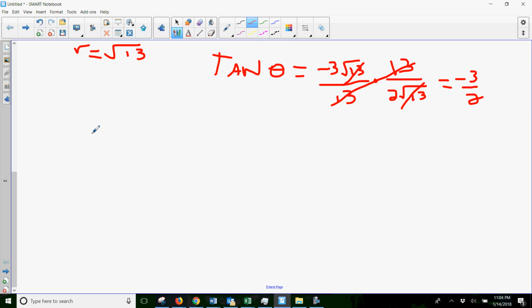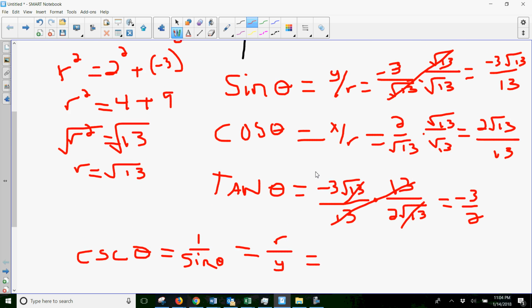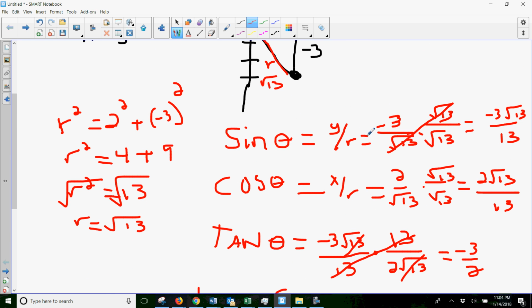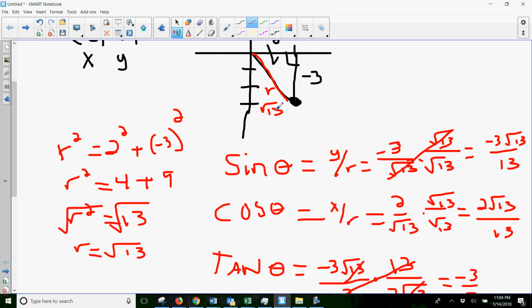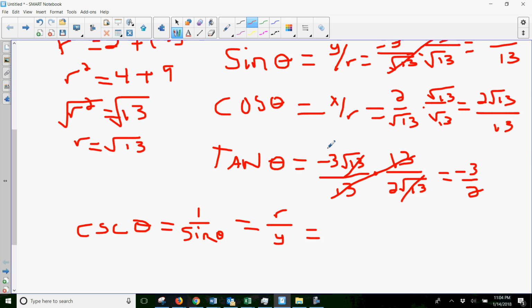So for cosecant theta, this is going to be 1 over sine, which is going to become r over y. So in this case, we're going to have square root of 13 over negative 3.